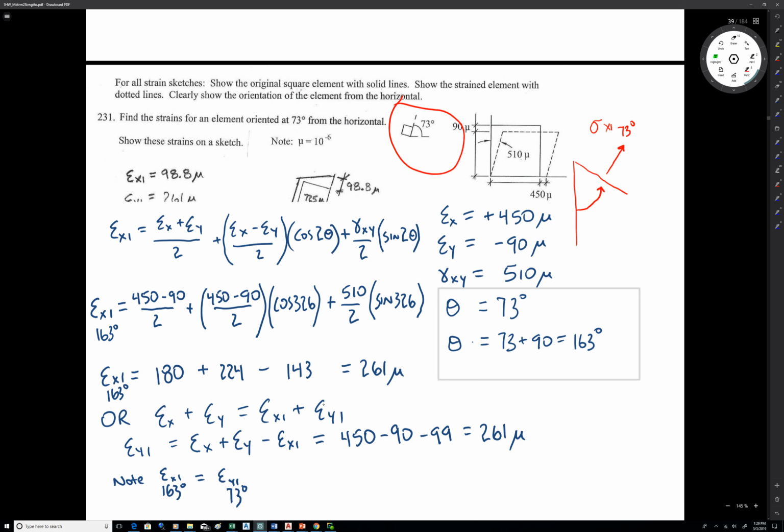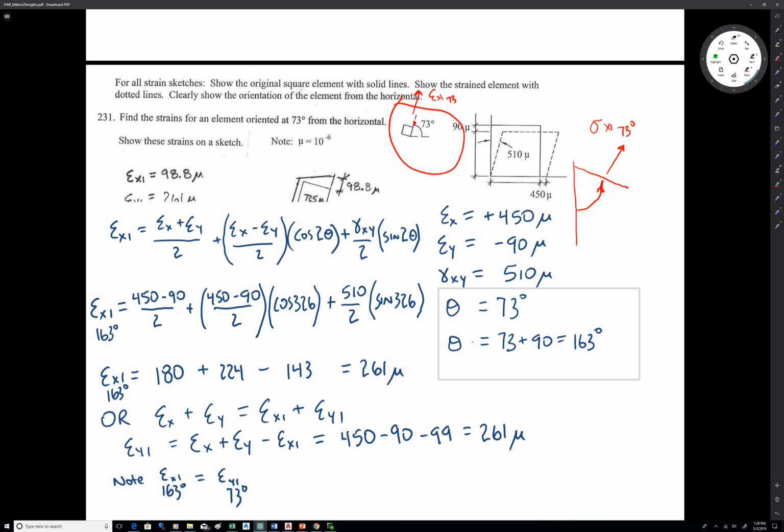It would be normal to the plane that makes a 73-degree angle with the vertical, okay? So that's how you would define the stress there, sigma x1 for 73. Epsilon x1, 73, is the lengthening of this line, getting a little bit longer. And that comes from the horizontal.